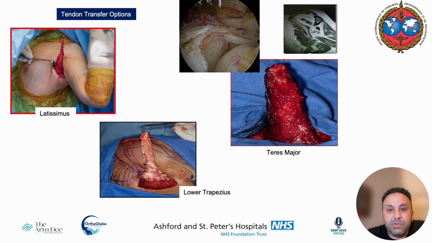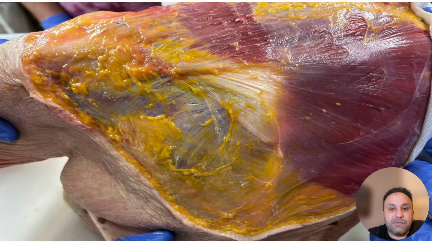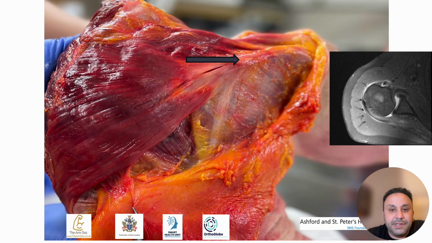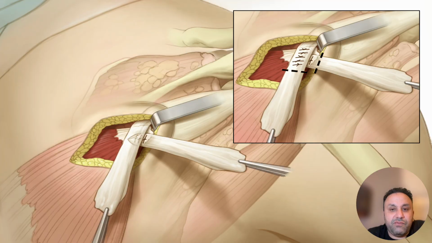But then we ended up discussing options for tendon transfers, and my preferred transfer is the lower trapezius transfer, mainly because of the function of the lower trap, as you can see in these cadaveric dissections, which acts in the same line of pull. And for this, we use a tendo Achilles graft.